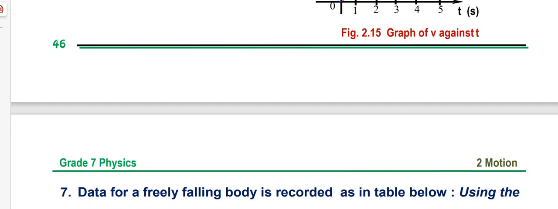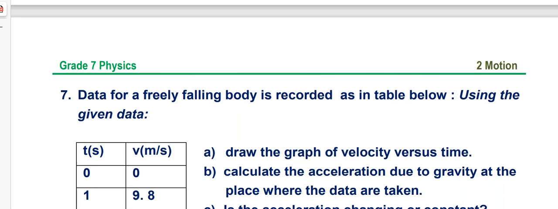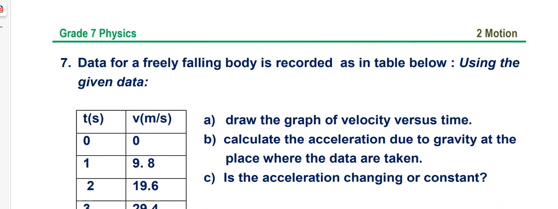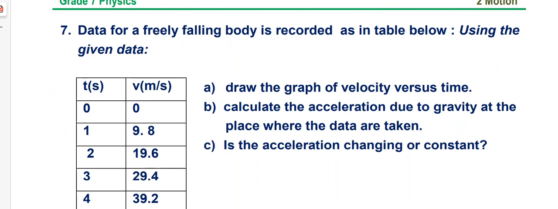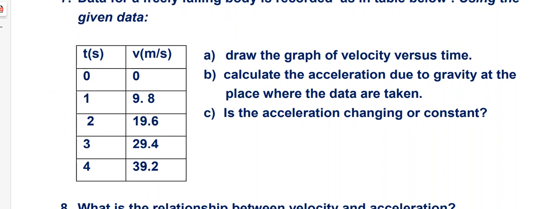Question number 8. The data for a freely falling body is recorded in a table below. Using the given data, it says for time 0, velocity is 0 meter per second, for 1 it is 9.8, and so on. So we can draw the velocity time graph. It looks like this.